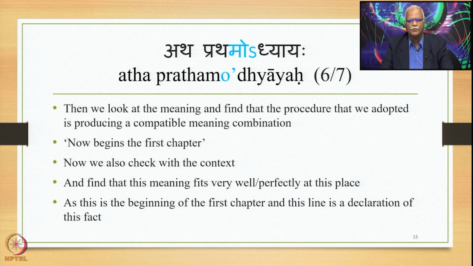Now we also check with the context and find that this meaning fits in very well, or rather perfectly, at this place, as this is indeed the beginning of the first chapter, and this line is a declaration of this particular fact, that now the first chapter begins.